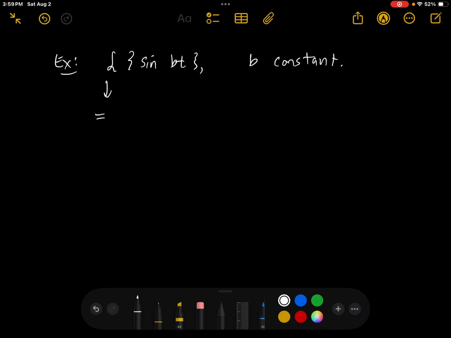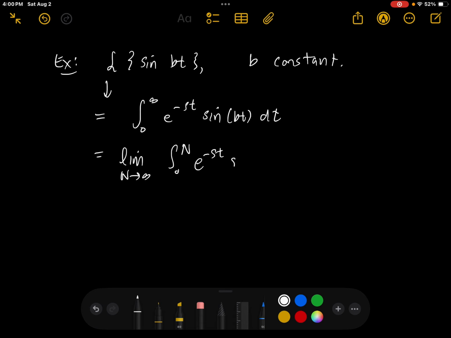So this is equal to the integral from 0 to infinity of e to the minus st sine of bt dt. And this is going to be the limit as capital N goes to infinity of the integral from 0 to n of e to the minus st sine of bt dt.